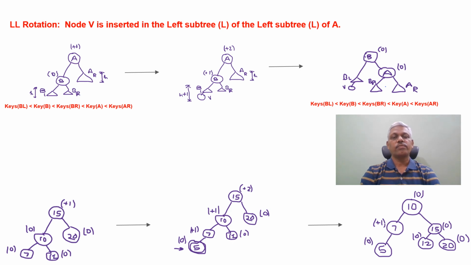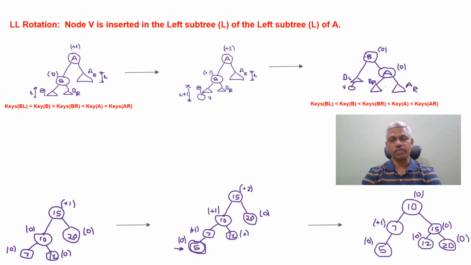Now, coming to the middle diagram, vertex V is added in the left subtree of B, that is, added to the left subtree BL. If we recalculate the balance factors, since V is added in BL, the balance factor at B changes to plus 1, because the length of the longest path has changed to H plus 2 as one length is added, and the right subtree has H plus 1.